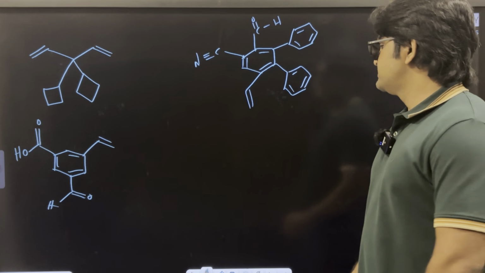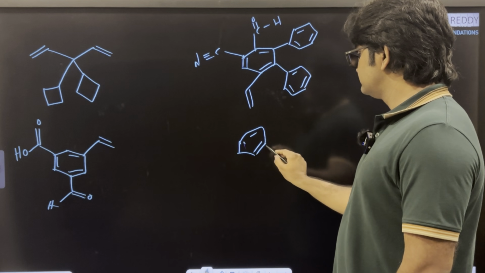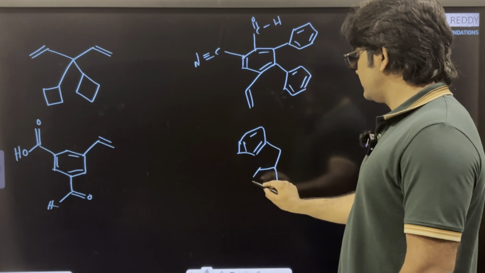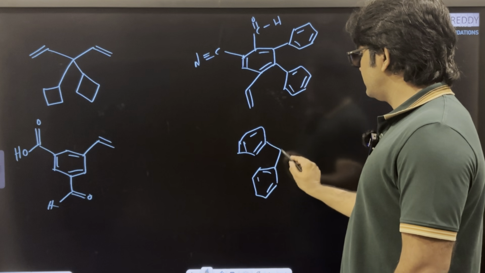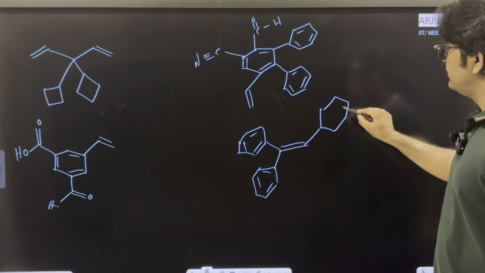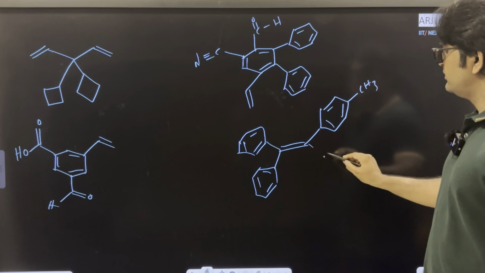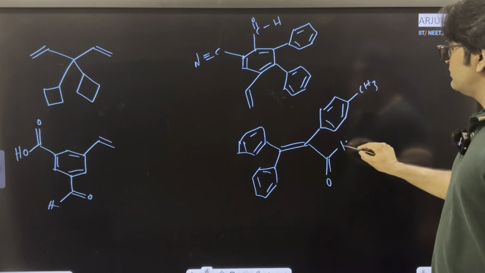Next, another simple example, a phenyl ring system is given. Next, here also a phenyl ring system. Here a double bond. Next, on the right side, I am taking an extra methyl group. Anything, no problem. Here something like C double bond O H is given.